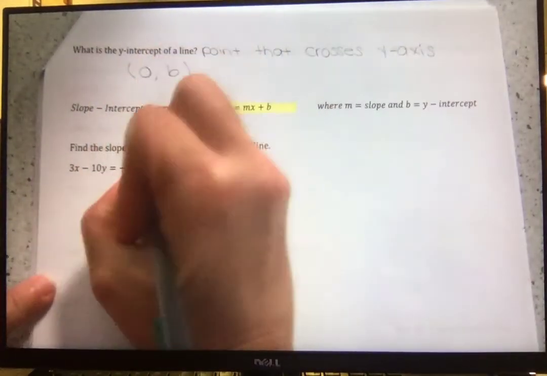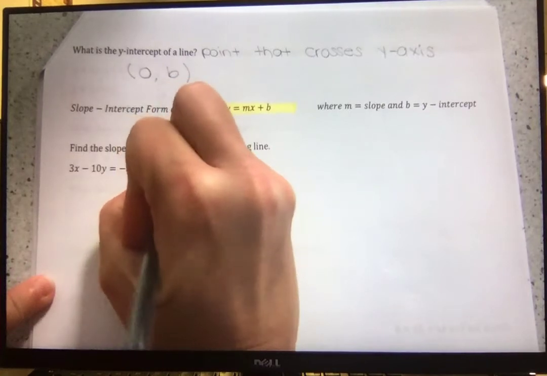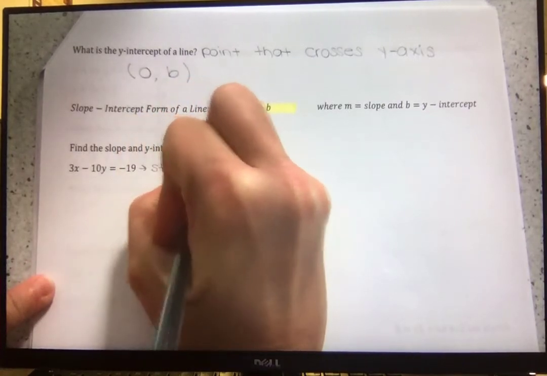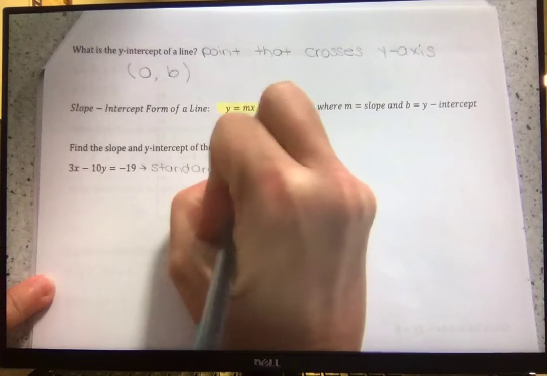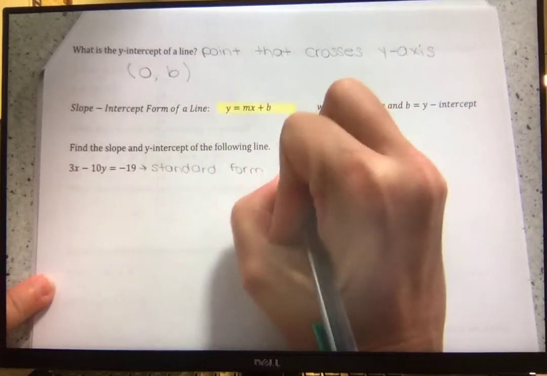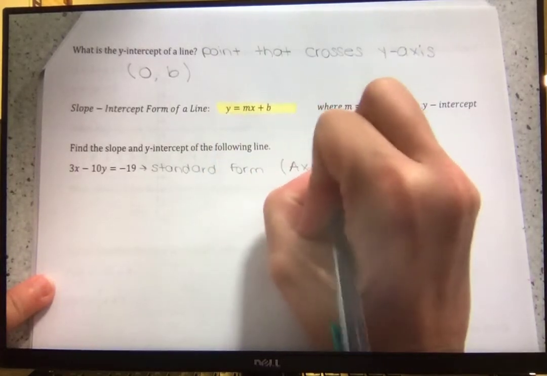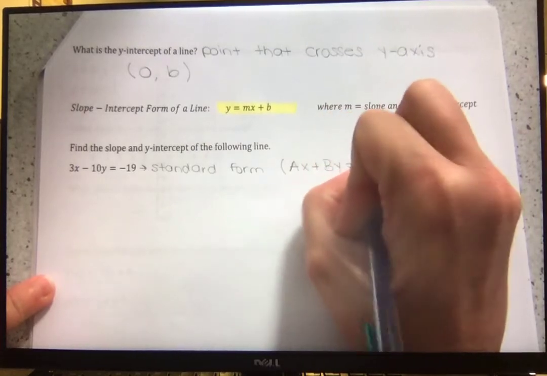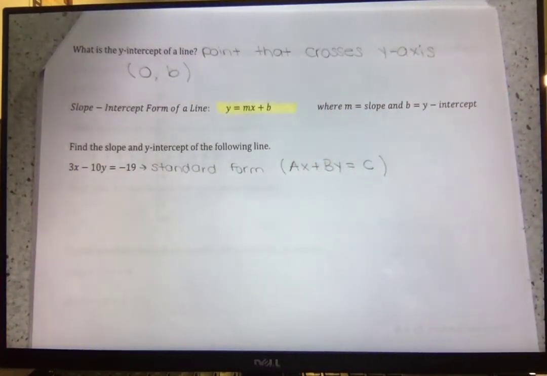Standard form, by the way, is ax plus by equals c. Standard form doesn't tell us about m, it doesn't tell us about b, it doesn't tell us about our slope or our y-intercept. So we need to put this equation into slope-intercept form.